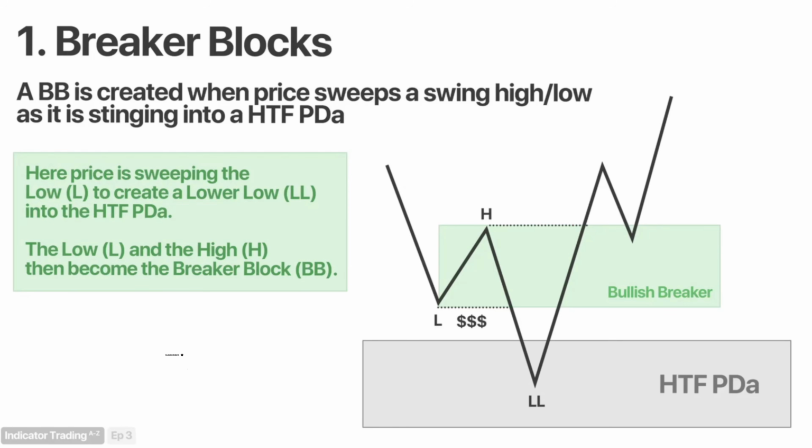A breaker block is created when price sweeps a lower time frame swing high or low as it is sinking into a higher time frame PD array. So here, price is sweeping this lower time frame low to create a lower low into a higher time frame PD array. The breaker block forms in this price leg right here, from this low to this high.